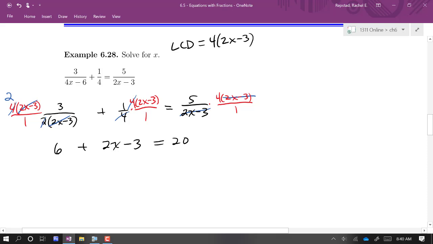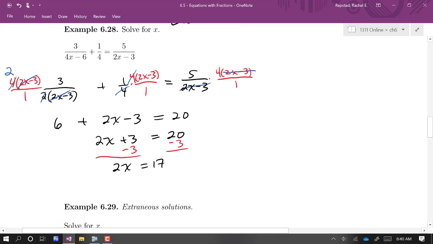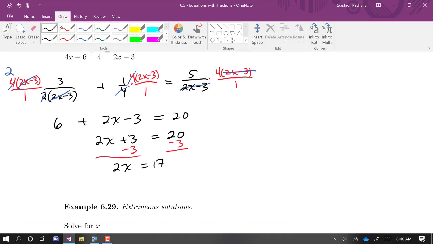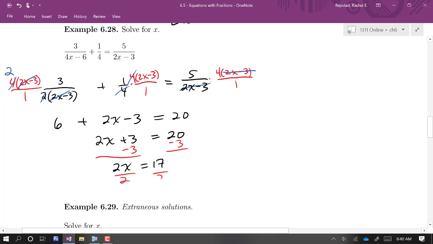So 6 minus 3 is a plus 3, so the left side becomes 2x plus 3 equals 20. We can subtract 3 from both sides. And now divide by 2. So x is 17 halves.